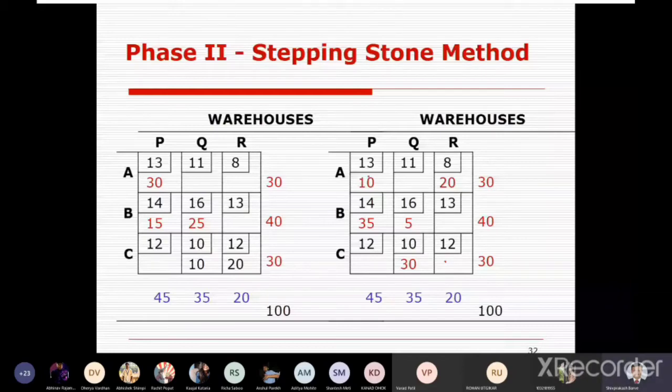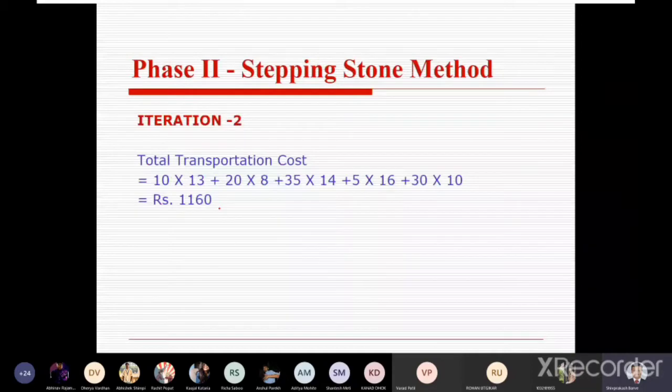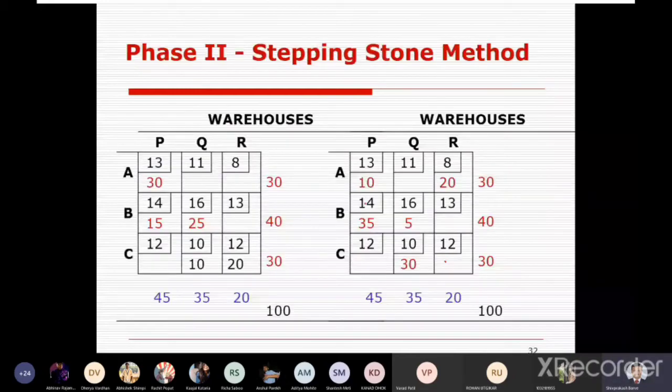Now, once these allocations are changed, I have to check how much the transportation cost is. So here I got the transportation cost as per this new allocation. Instead of 1340, now it is 1160. It means by this method, whatever procedure I have applied, I got the negative value at the net cost, and accordingly I shifted the allocation and the cost of transportation is reduced.